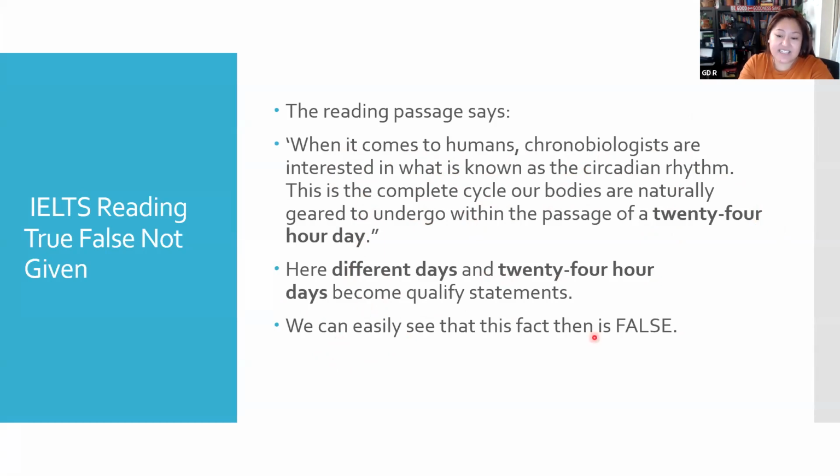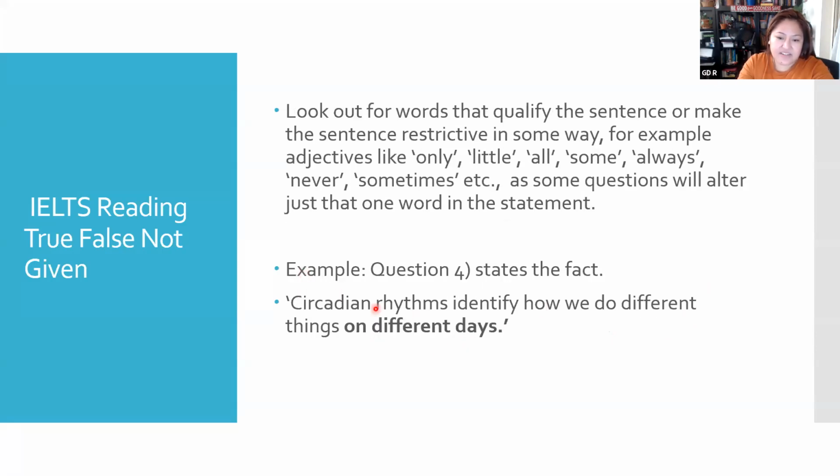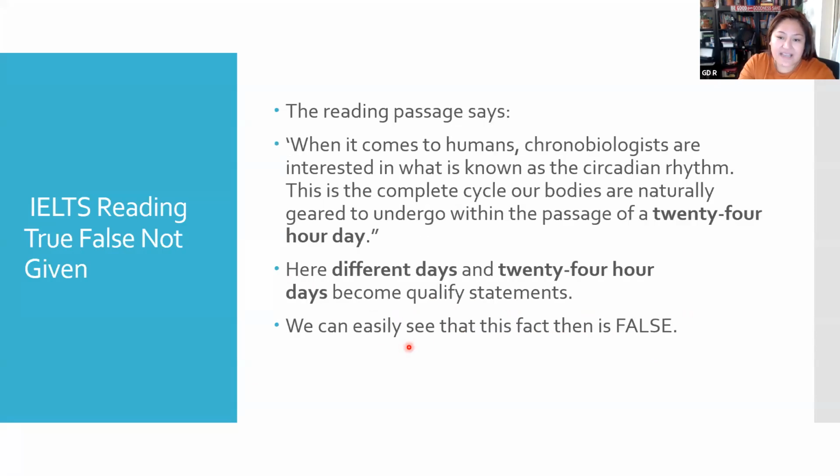So we can easily say that this fact is false, right? Because in the earlier statement, circadian rhythms identify how we do different things on different days. But on the passage, it says circadian rhythms pertains to anything that goes for 24 hours a day. So it's false, class. Okay?